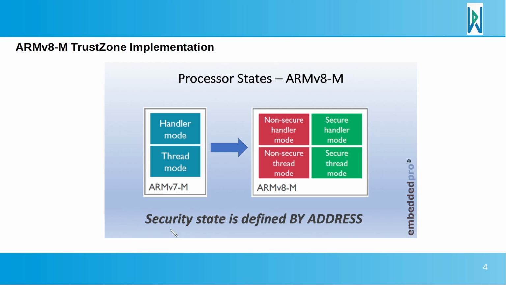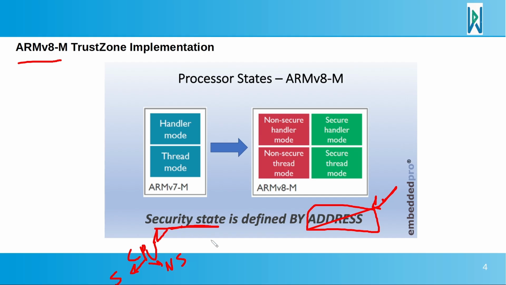If there is something we need to keep in mind, it is that the security state of our CPU within an ARMv8-M based architecture is defined by the destination address that we are jumping to. This means that the security attribution assigned to this address will play a big role in defining the security state of our CPU, to be secure or non-secure.